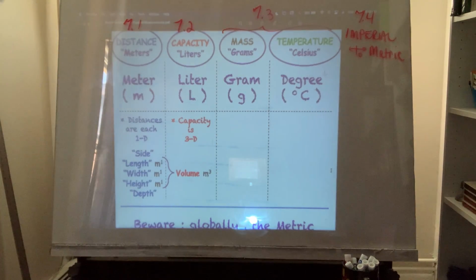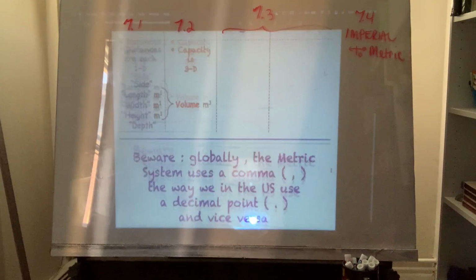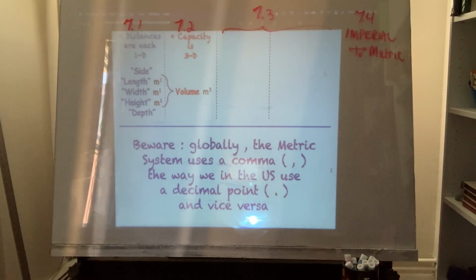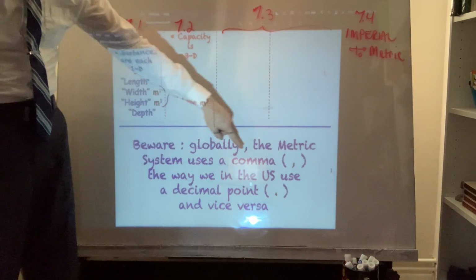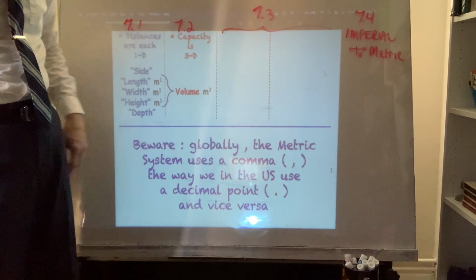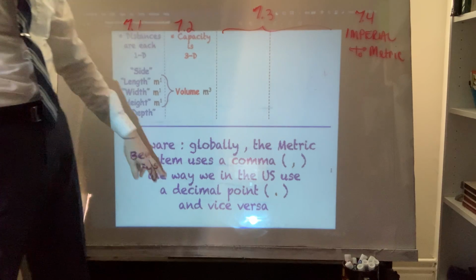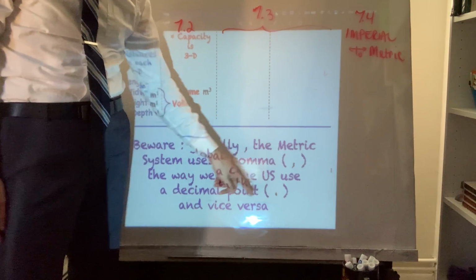Right. Now, as for notation and such, do beware, as an American, all right, globally, the metric system uses a comma in the same way that we use a decimal point, and vice versa.